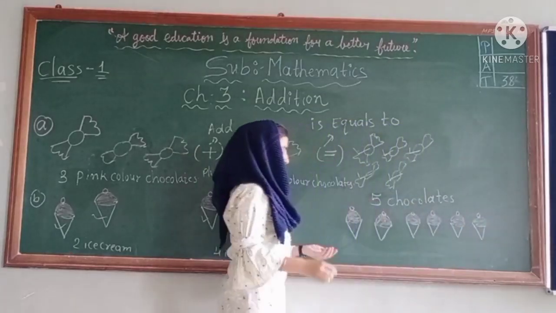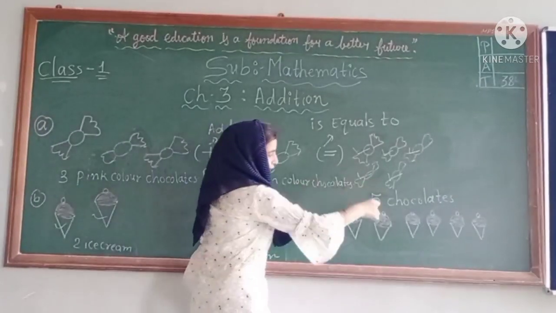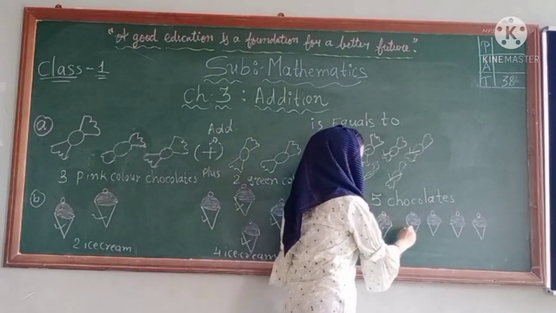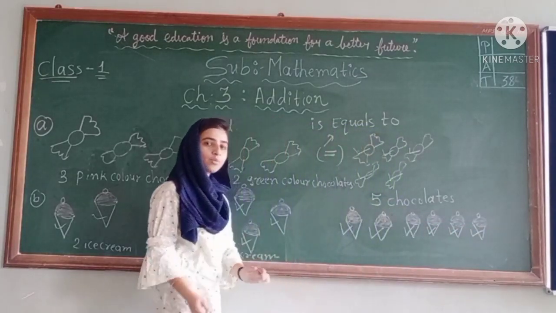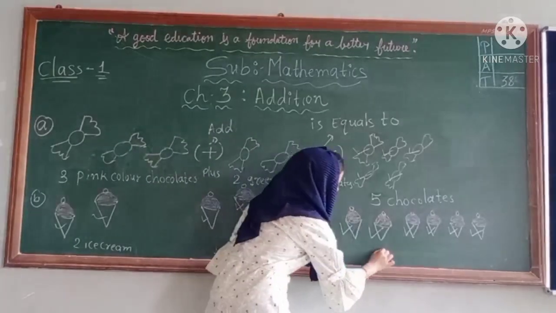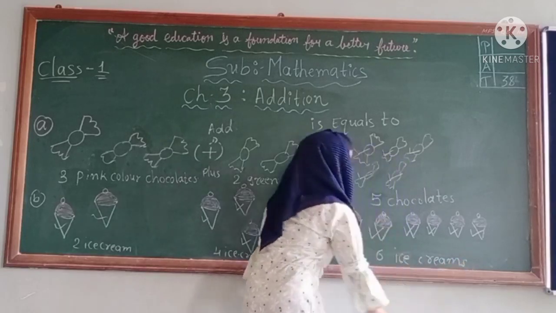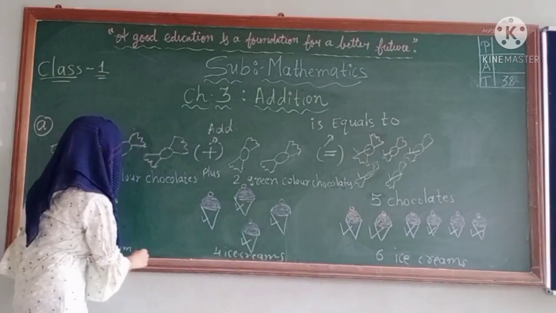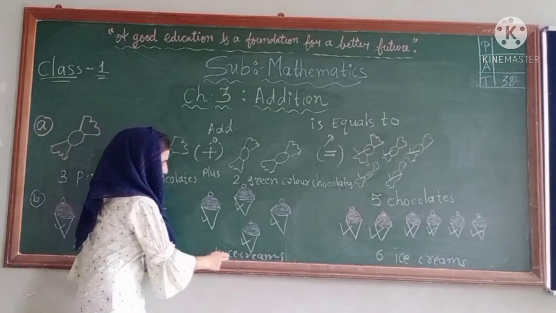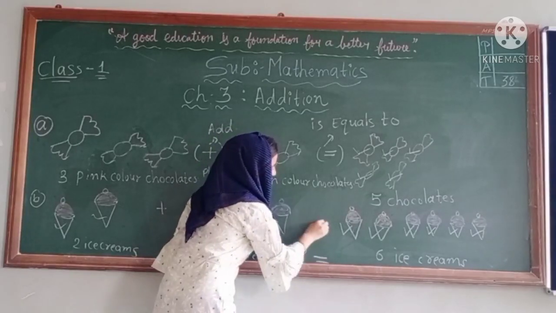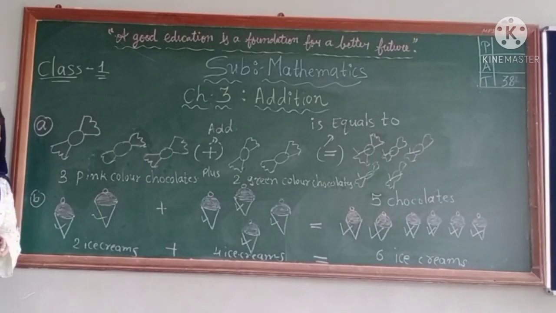Now we have to find out the total, how many ice creams we have now. Right? So let's count all together. 1, 2, 3, 4, 5 and 6. How many ice creams students? 6 ice creams. So total we get 6 ice creams. Right? So that means students, 2 plus 4 ice creams is equal to 6 ice creams. Understood students? Did you understand?